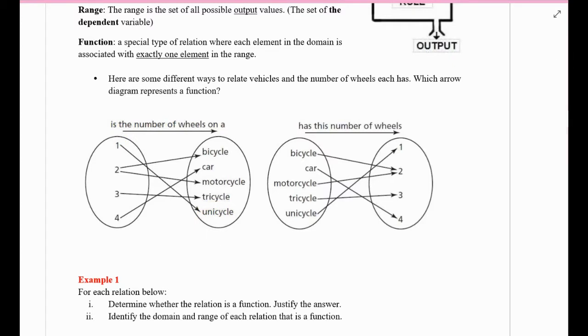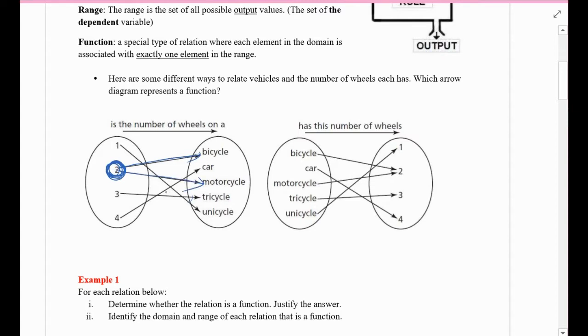So you connect 1 and unicycle, 2 with bicycle and motorcycle, 3 with tricycle, 4 with car. If you look at 2, the input has 2 outputs.